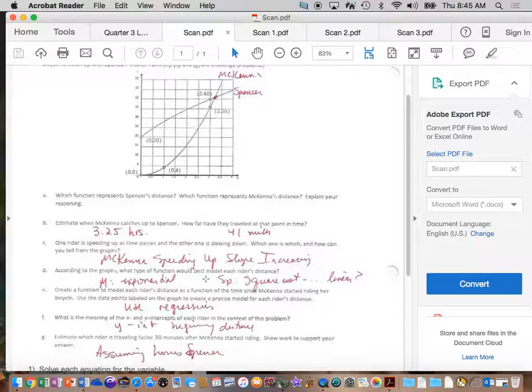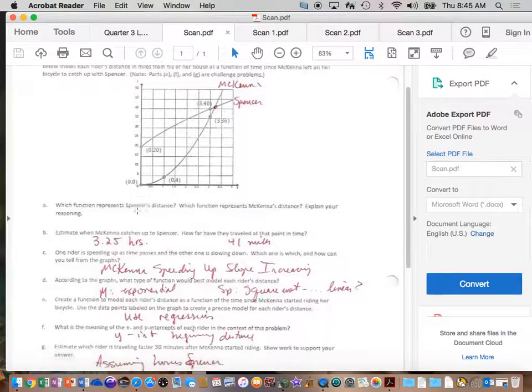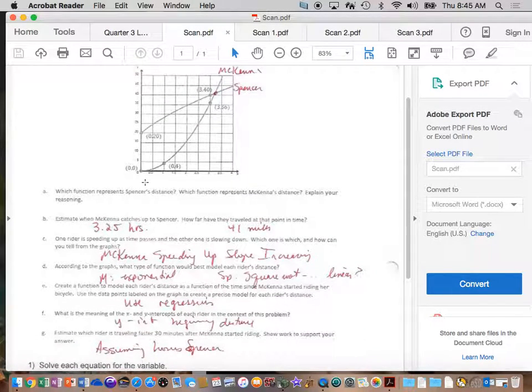A great way to find out the actual equations is with regressions. Remember we showed you yesterday how to enter the data in L1 and L2, and then go to stat calc. And then if it's an exponential, you do an exponential regression. If it's linear, you do a linear regression. The y-intercept is the distance they are at the time when McKenna leaves.